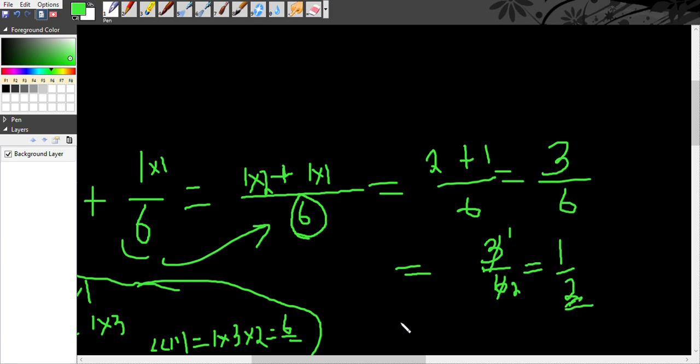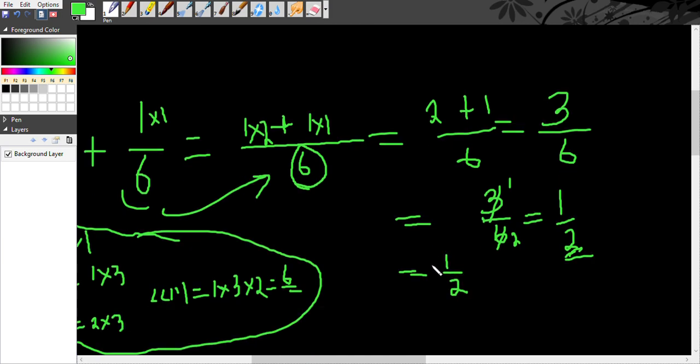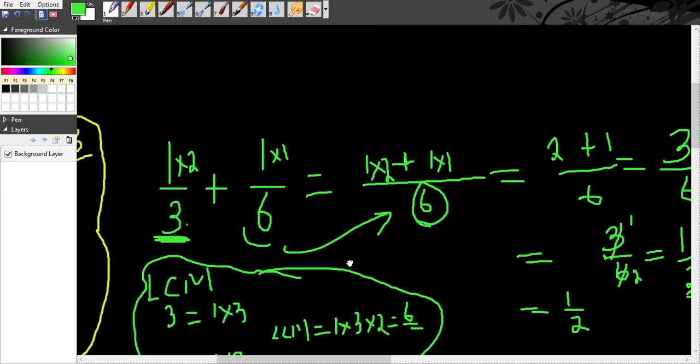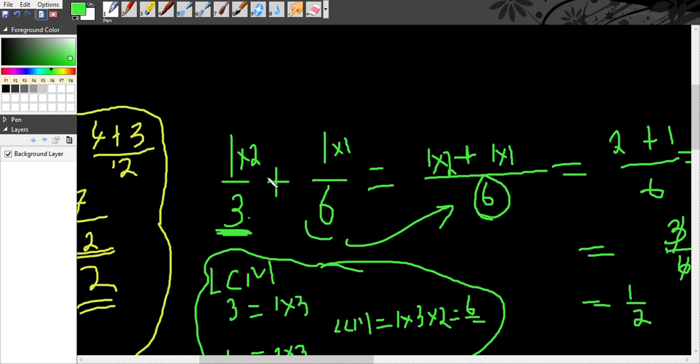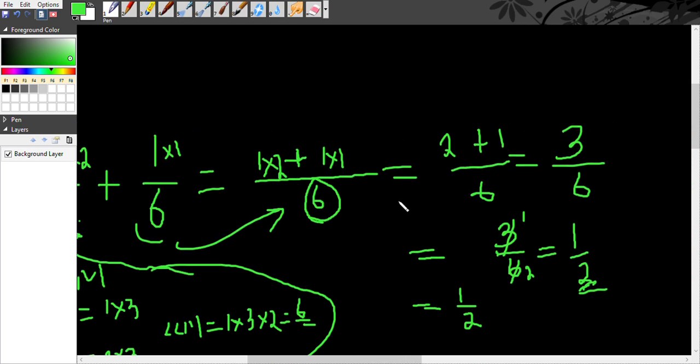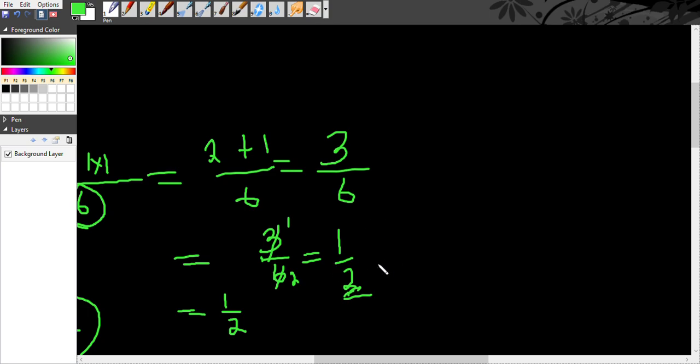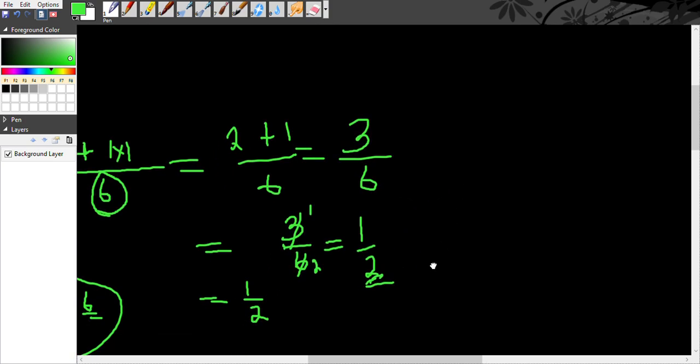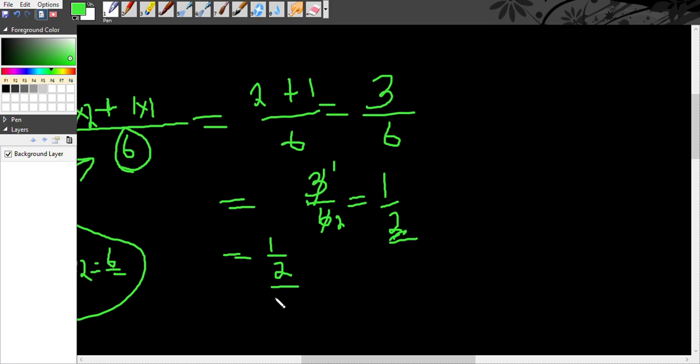So our final answer is actually 1 over 2. So all this can be simplified. 1 over 3 plus 1 over 6 is the same thing as 1 over 2. You get 1 over 2 as your final answer when you add it.